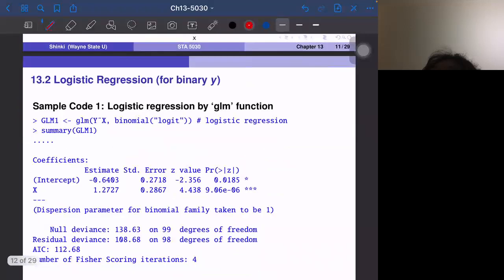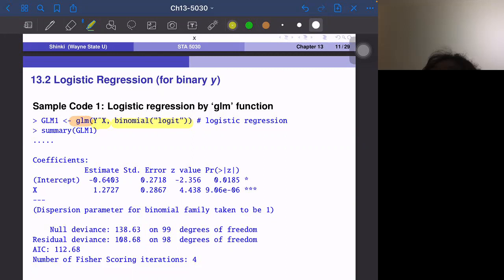And how to fit in R. R has many statistical estimation functions, and we use this GLM function. If we specify just y on x, this is the same as the linear model LM function, then specify binomial with logit, then we can do a logistic regression.